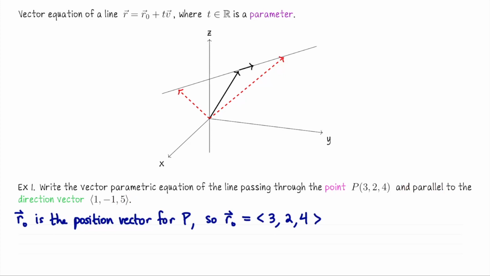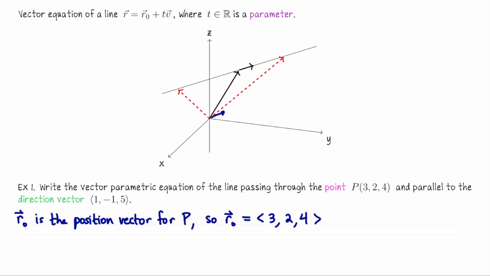Don't get too distracted by the language parallel to this other vector. What this means is that if I were to draw this vector, 1, -1, 5, typically I would draw it at the origin. It might look like this. But a vector is a length and a sense of direction. It's not anchored to a point in space.